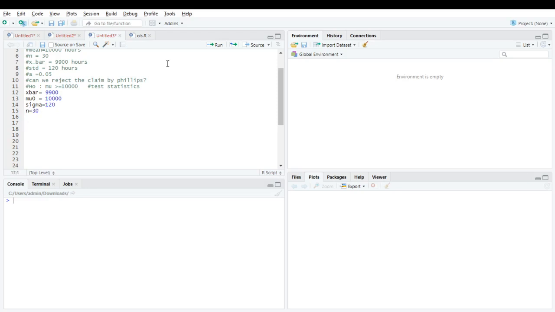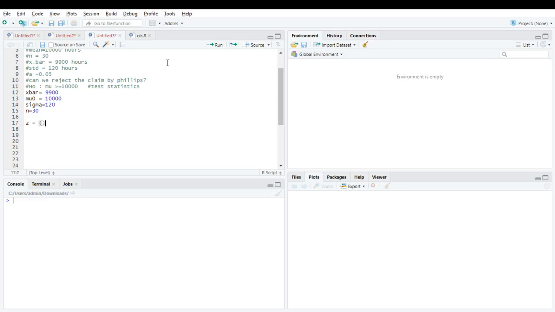So from this, for known value of variance, what is the value of z? Because we have known value of variance, we need the z value basically.